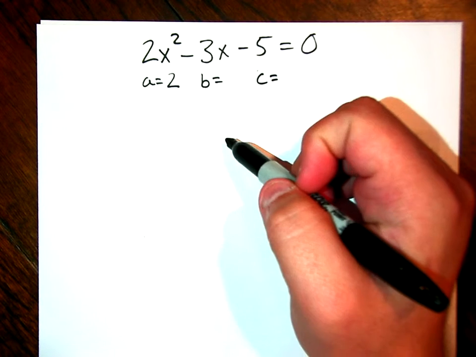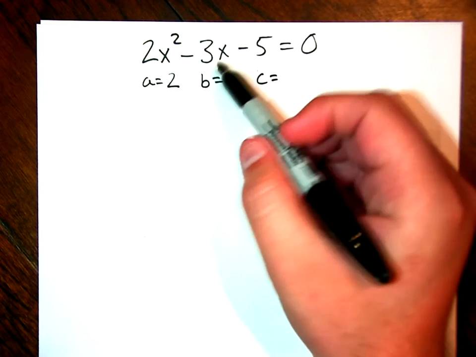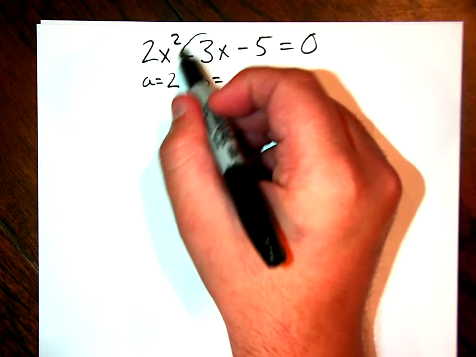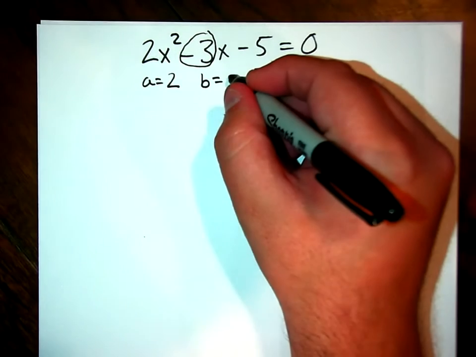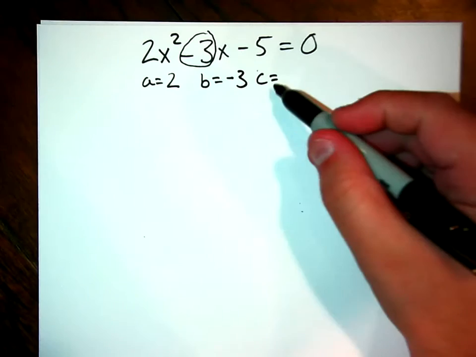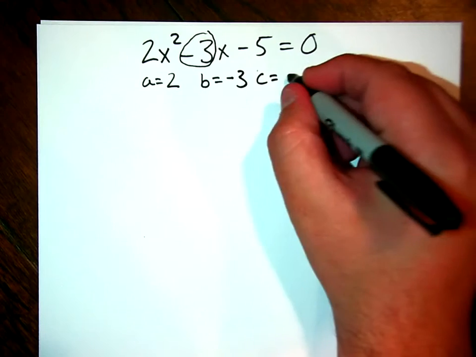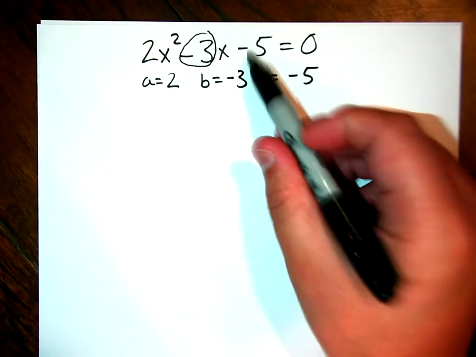So here I'm looking at my B value, and it looks to be negative 3. Now make sure when you're doing this that you take the sign with it, or that'll mess you up. So B is actually going to be negative 3. And the C value here is going to be negative 5. The C value is always just the number by itself.